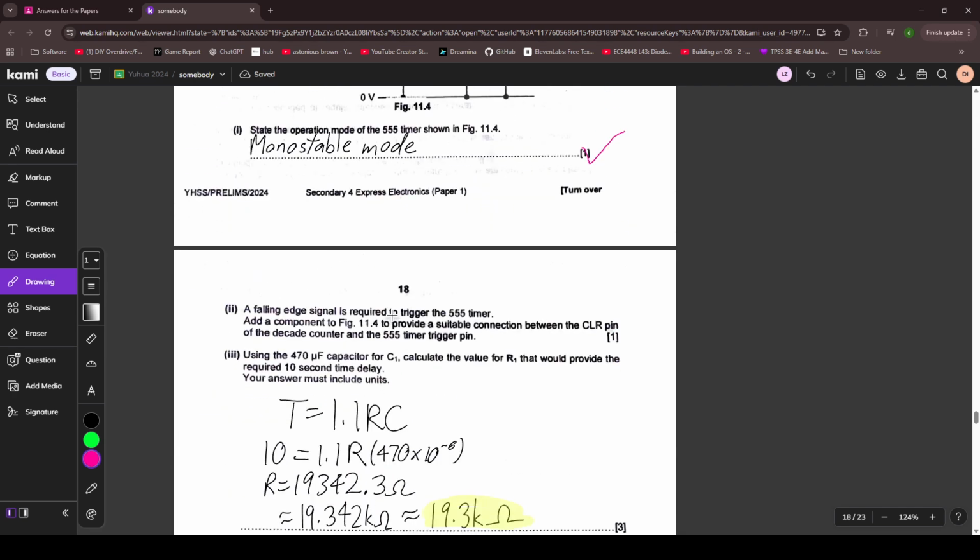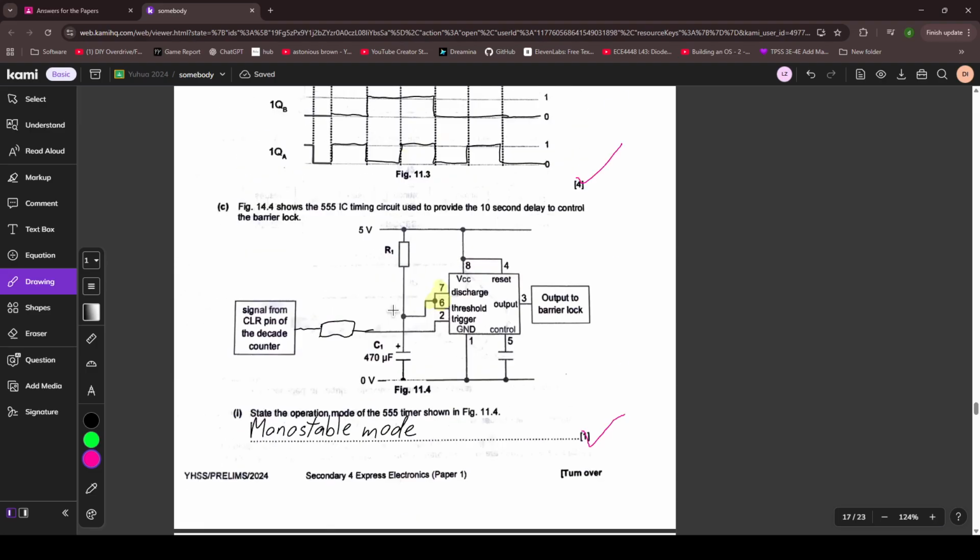Add a component to 11.4 to provide a suitable connection between the clear pin of the decade counter and the 555 timer trigger pin.